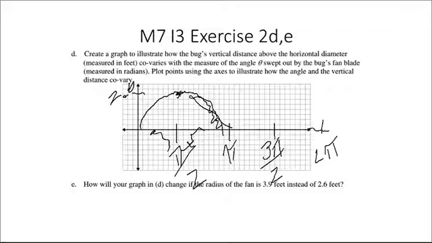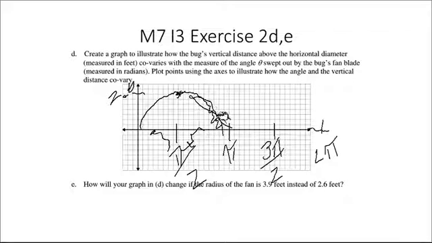But what we need to acknowledge is that we were careful in defining our quantity to be the distance above the horizontal diameter. So yes, the magnitude of the distance is going to increase from 0 to 2.6, but it's going to do so below the horizontal diameter.